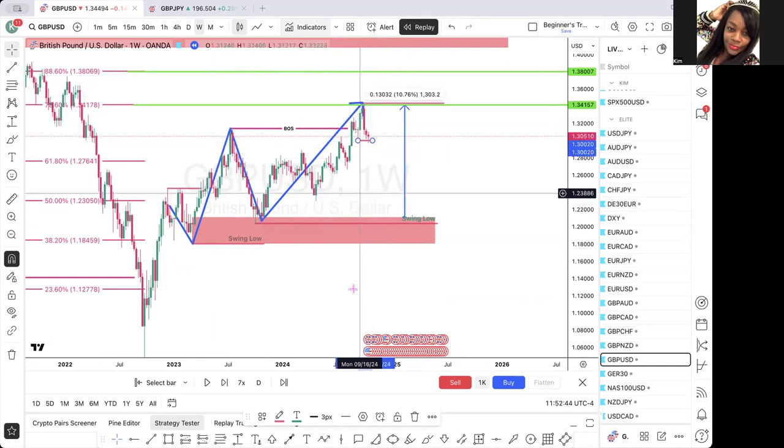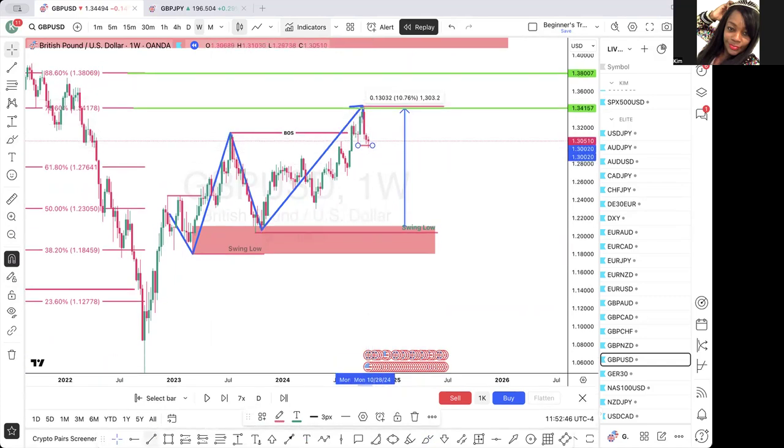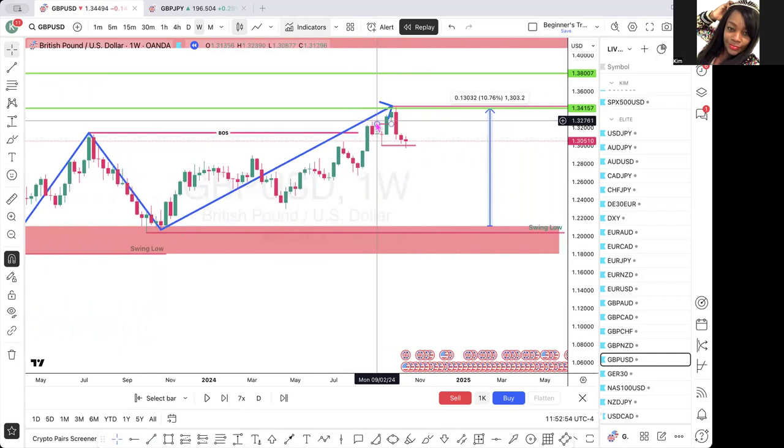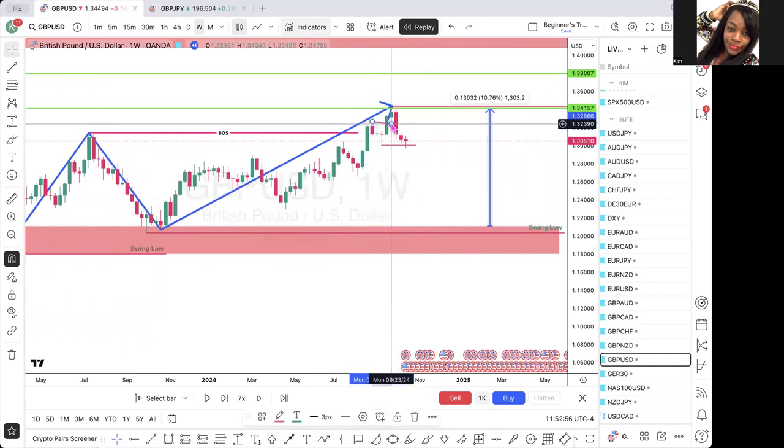There was a break of structure here, a break of structure here. So that made this my swing low, this my swing high. And as we can see, price tapped the 78.